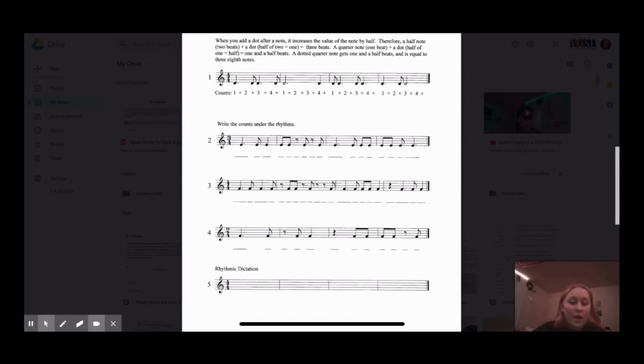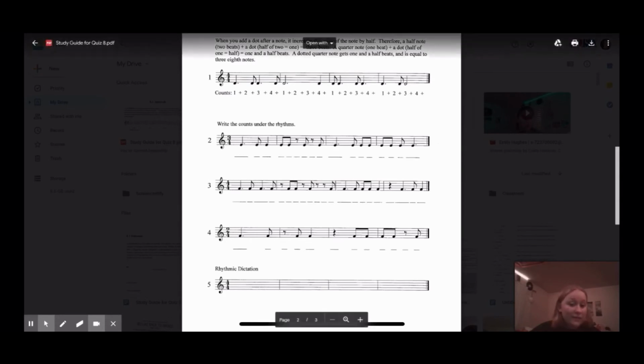So this one right here, could you tell me again, this is a review of what we just did. What is this equal to? A quarter note and a dot. It would be 1.5 beats. And that is also equal to what? 3 eighth notes.